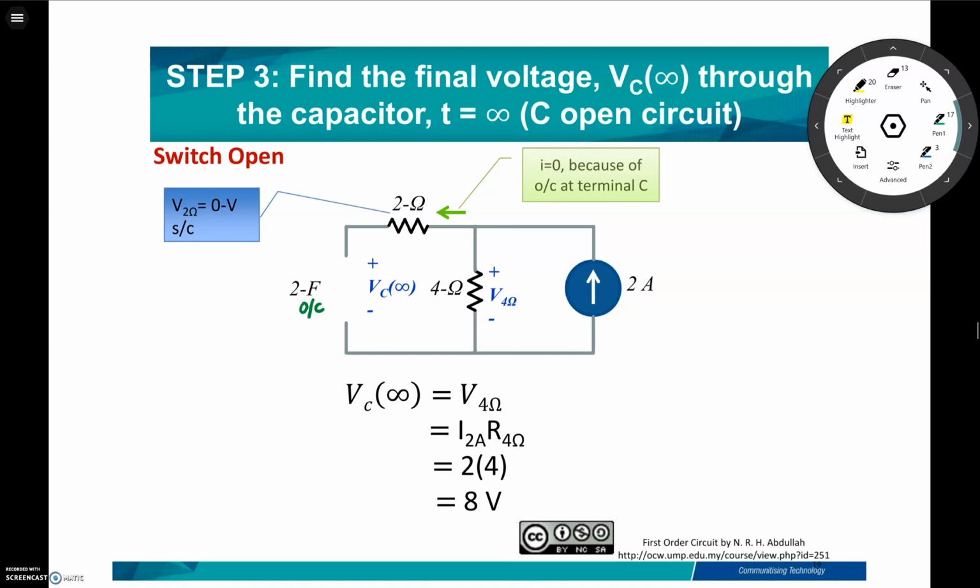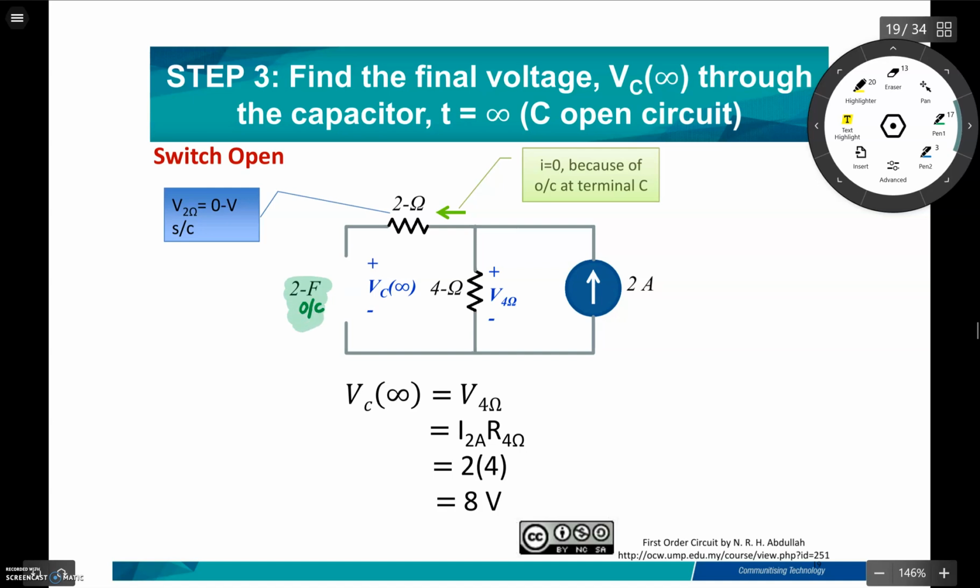So the keyword is a long time, and then the capacitor is stable and achieves its maximum state, and the capacitor will be open. This is the circuit when the switch is open and the capacitor is open.